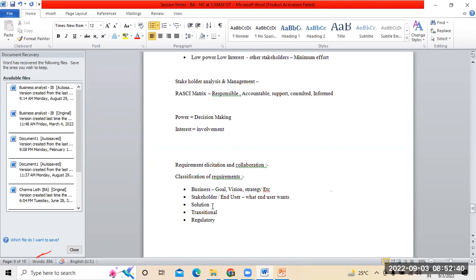The third one we call solution requirements. Solution requirements means what solution? It means what are all the features?